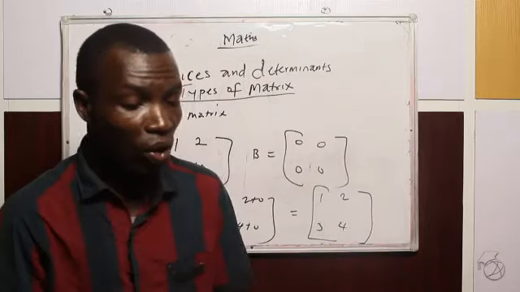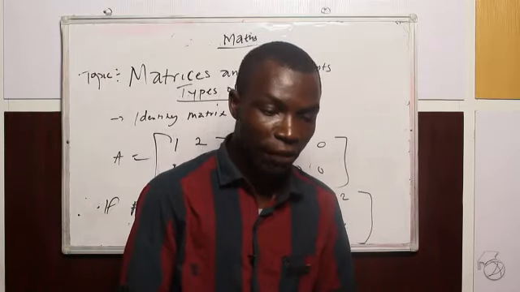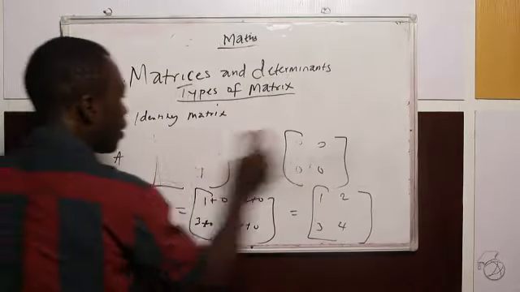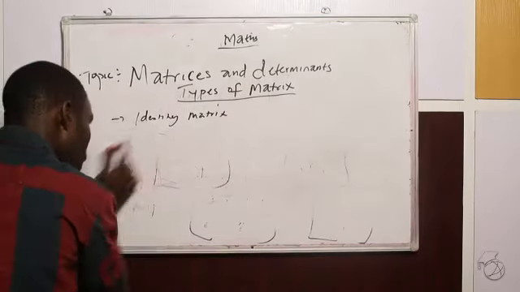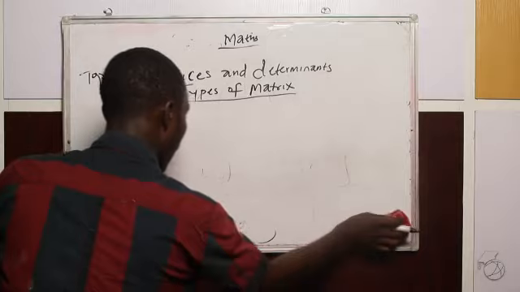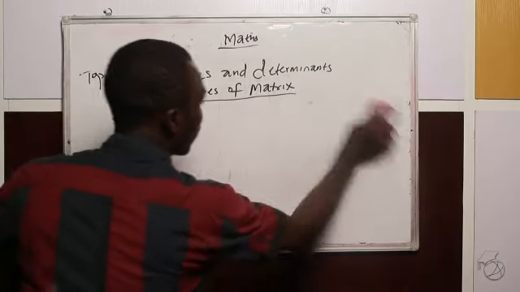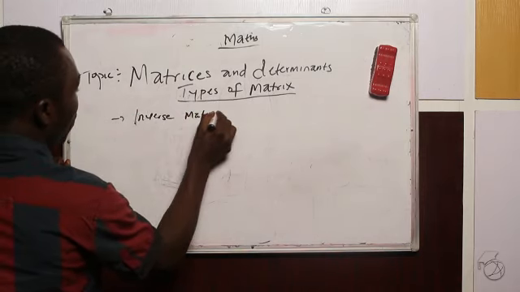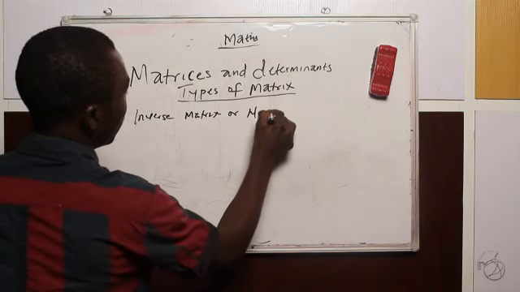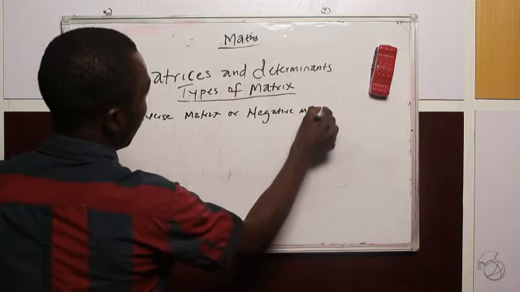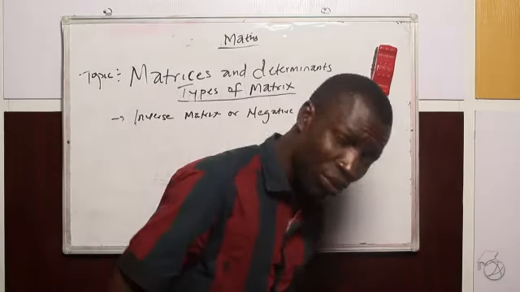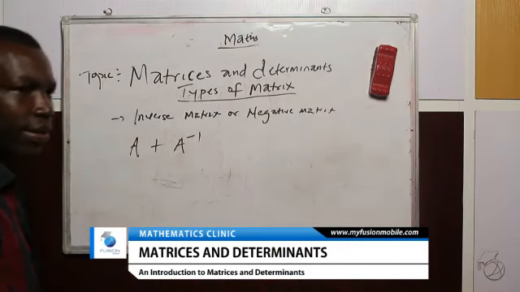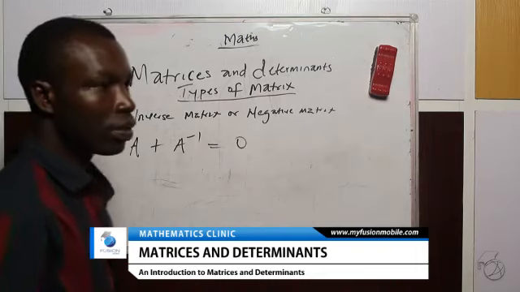Let's move on to what is called the inverse matrix. Inverse matrix is a negative matrix. An inverse matrix, or negative matrix, is a kind of matrix in such a way that matrix A plus the inverse of A is equal to 0.